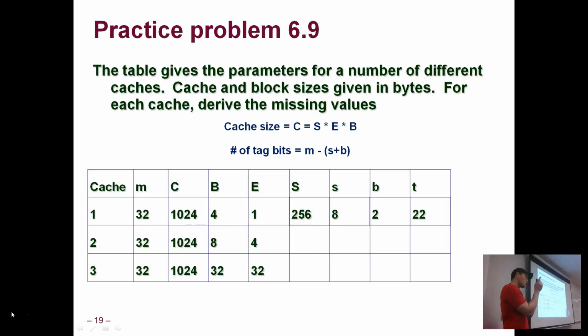So one of the shortcuts for memorizing your powers of 2, I should probably give you this if I'm not allowing calculators. The first thing you need to know is that 1024 is 2 to the 10th. So that's a good thing to know. And then 32 is 2 to the 5th. 256 is 2 to the 8th.